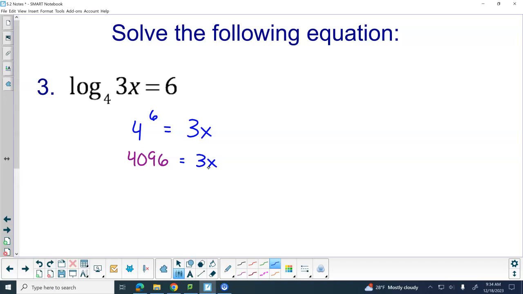So it is not divisible by 3. So my answer then is just 4,096 over 3.